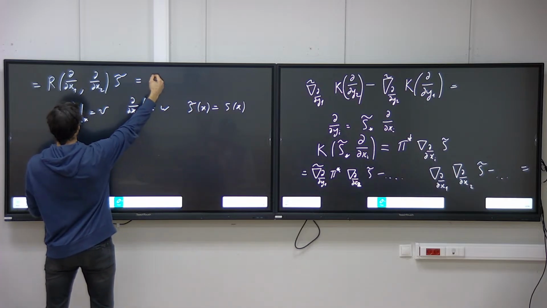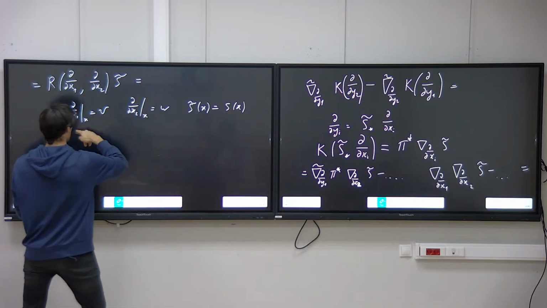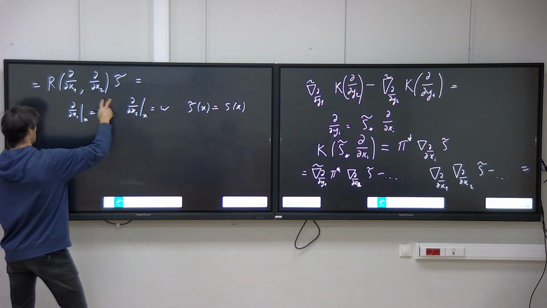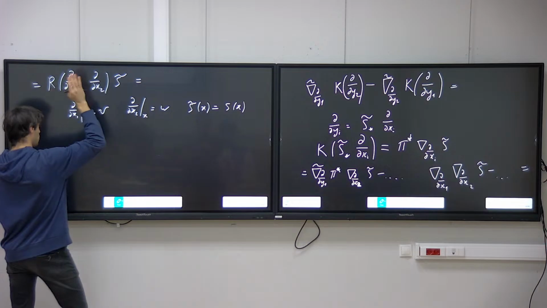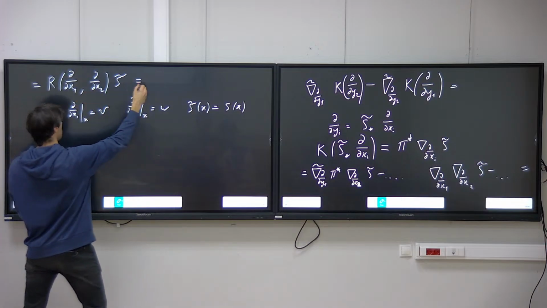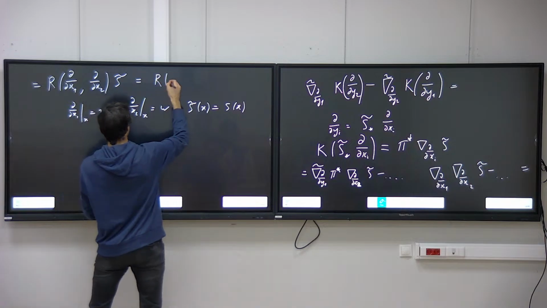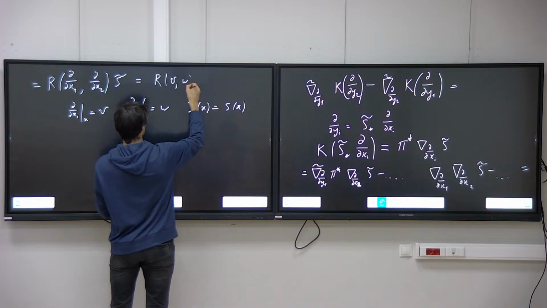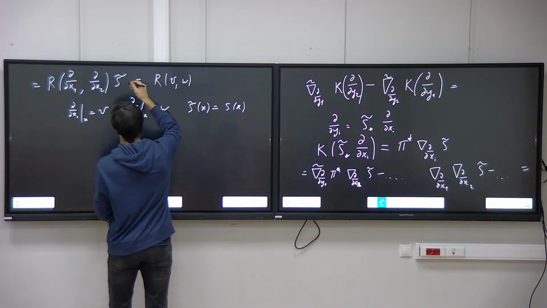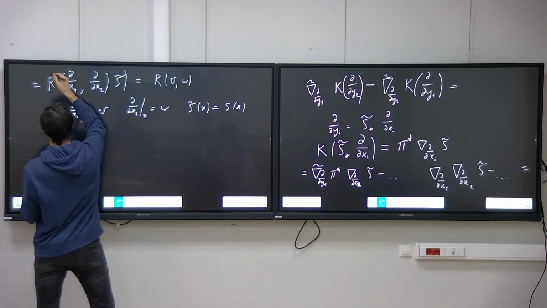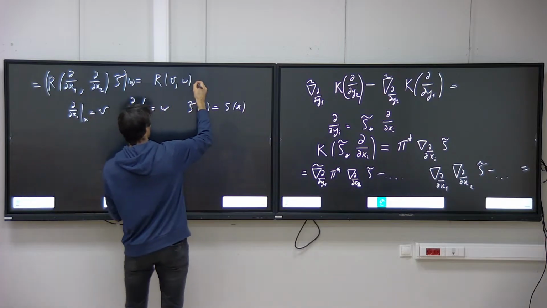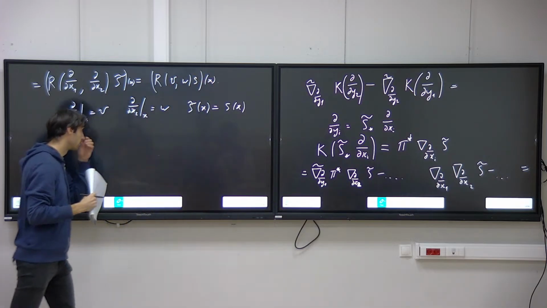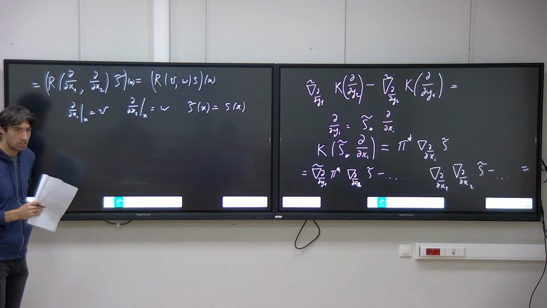Because at the point the values of all these vectors coincide, and all this is C infinity linear, I can just replace d over dx1 with v, this with w, at the point x, and s tilde with s. And we're done.